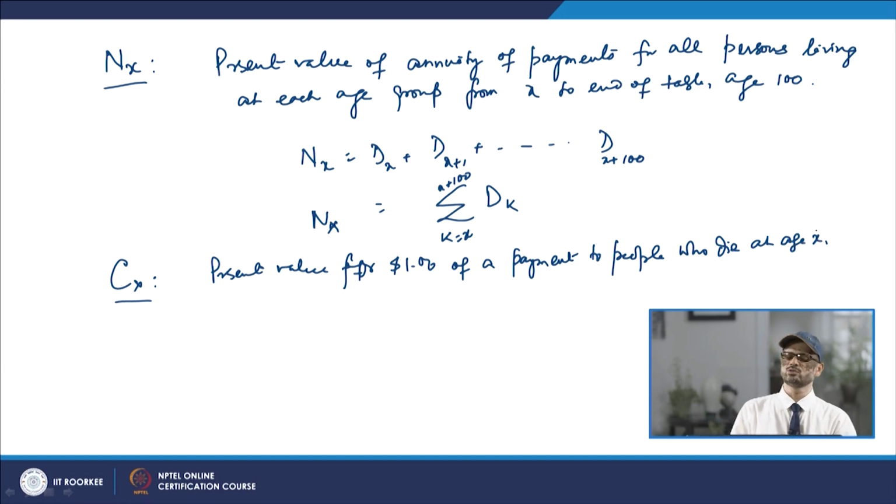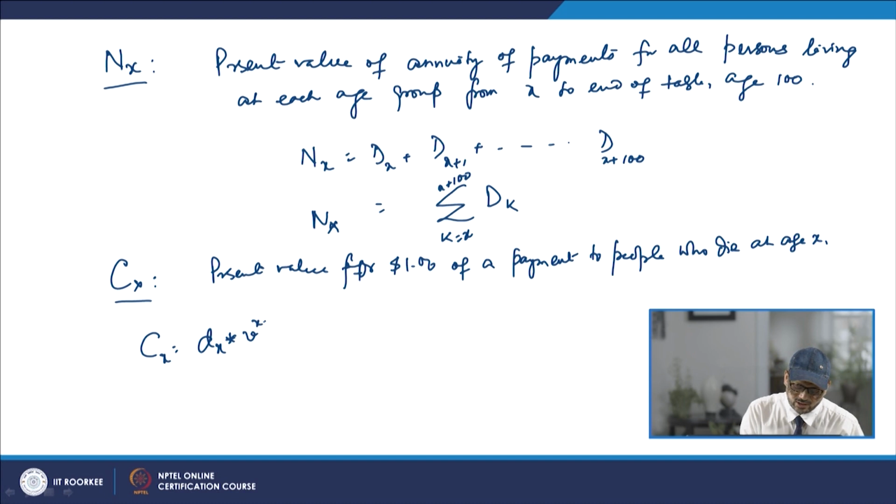So what you do is you multiply the number of people who will die at age x with the present value of $1 at the time x plus 1. So you calculate the Cx as the number of people who are dying at age x, multiplied with v^(x+1).